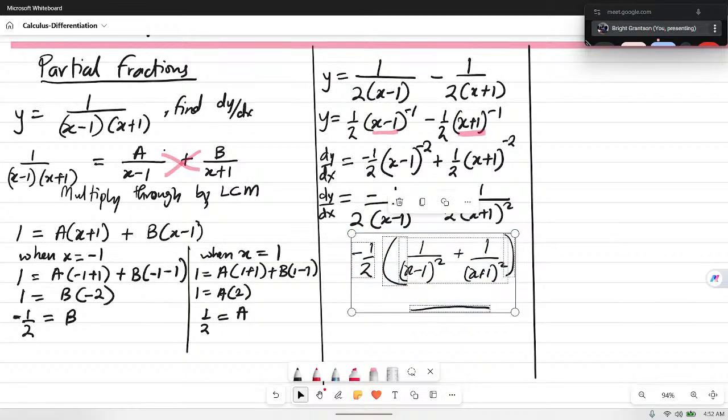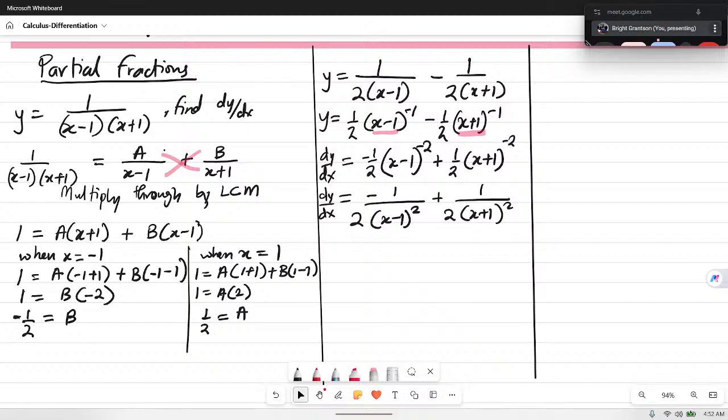So I think our technique is correct. What we have to do is find the LCM of this. This becomes 2 times x minus 1 squared times x plus 1. No, it's not times 2 because 2 is common to both, right? Yes, 2 is common to both.